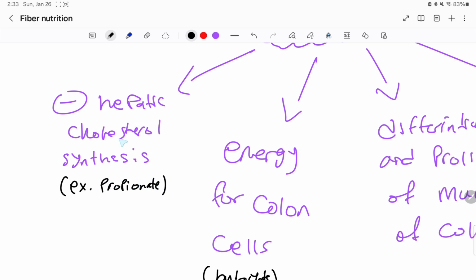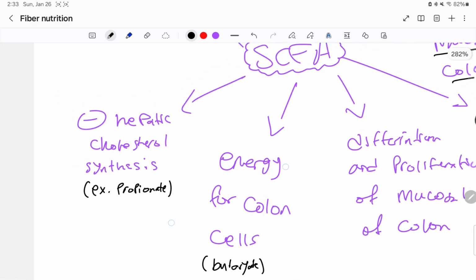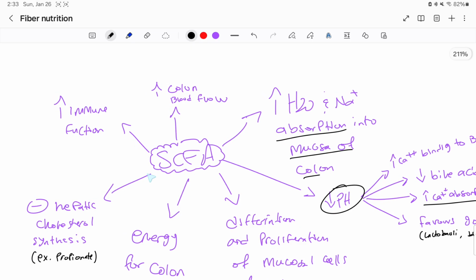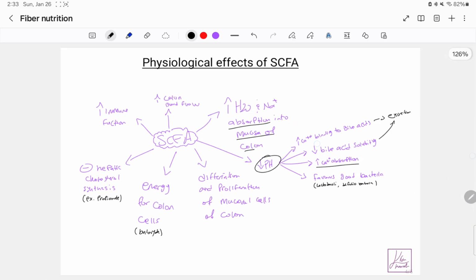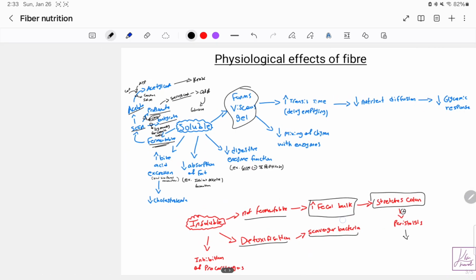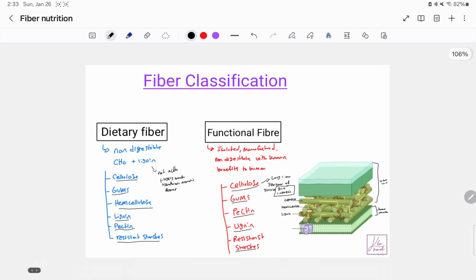Propionate can actually help inhibit cholesterol synthesis, again, through some complex metabolic processes, which I'm not going to get into. And short chain fatty acids can help enhance immune function and increase colonic blood flow. Okay, and that's basically going to be the majority of the effects of short chain fatty acids and fibers, including insoluble and soluble.